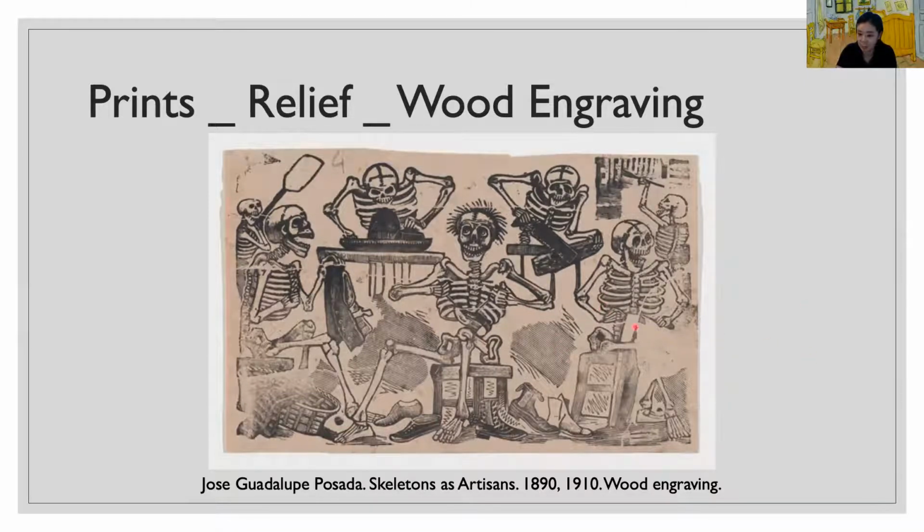So that is the difference. So wood engraving is printmaking and letterpress printing technique in which an artist works an image or matrix of images into a block of wood. So that is wood engraving.